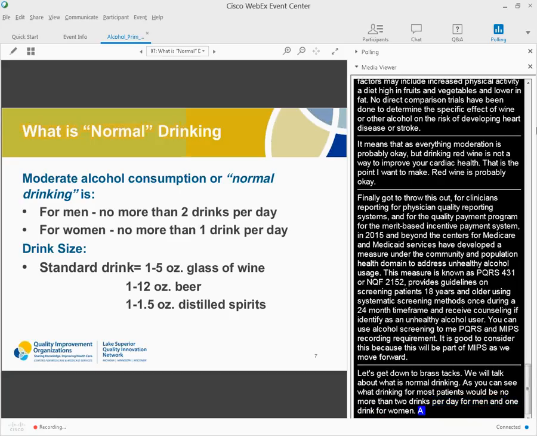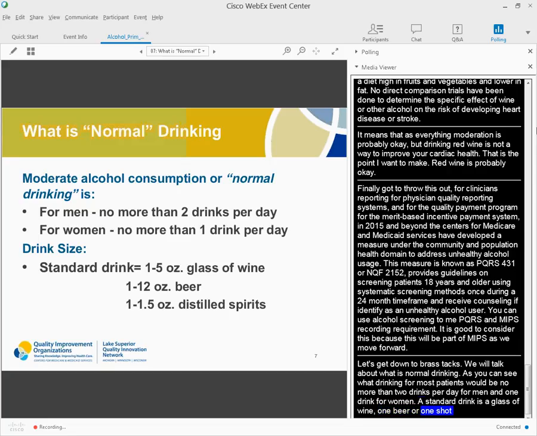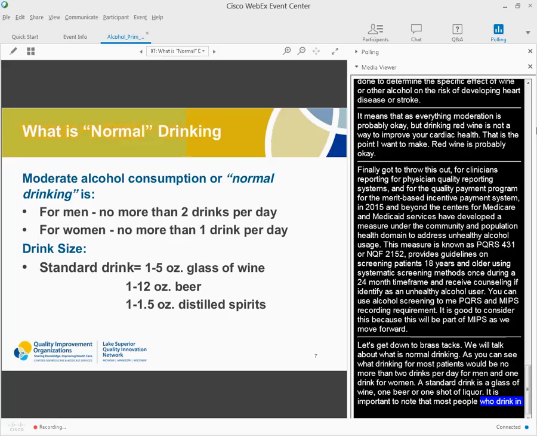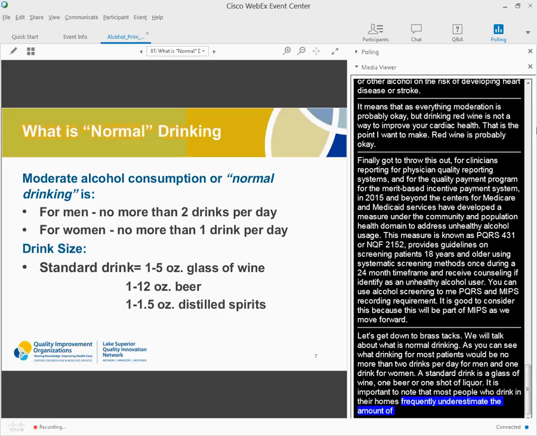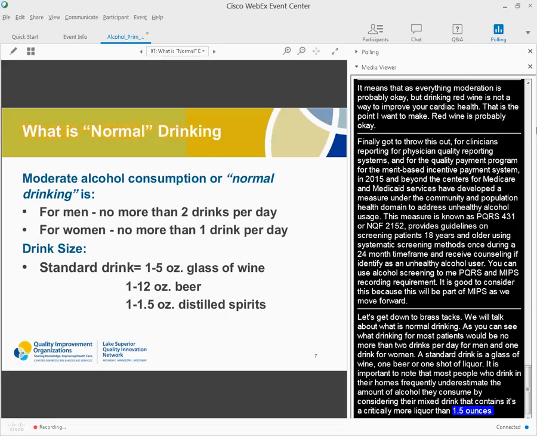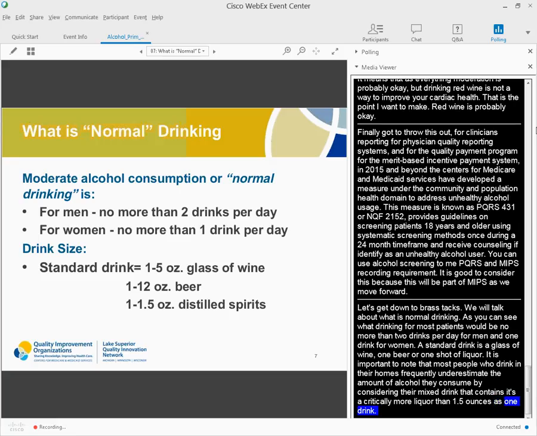It is important to know, though, that most people who pour drinks in their homes frequently underestimate the amount of alcohol they consume, because they mix their own drinks, and they frequently put more than 1.5 ounces of distilled spirits in a cup with their vodka or gin or whatever they're drinking with their mixer. They tend to be very heavy-handed.